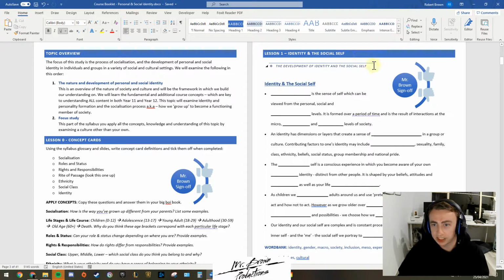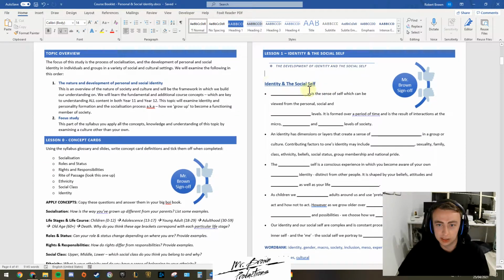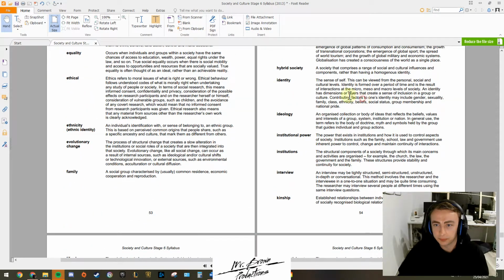So here it is. We've got our heading and our syllabus dot point here again. We're looking at the development of identity and the social self here. What I would really recommend you guys doing is quickly going back to your concept card, if you can, and just revisiting that concept of identity. You should be able to find it in the back of your syllabus here.